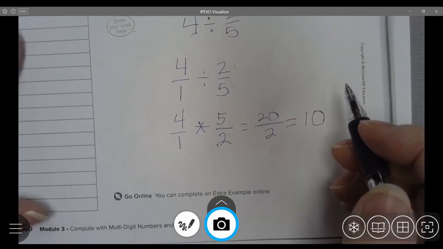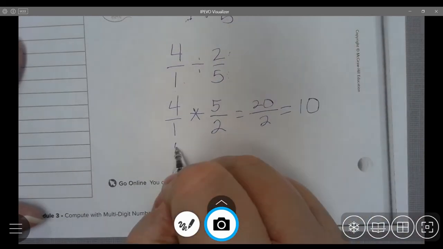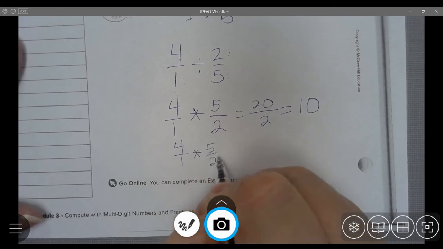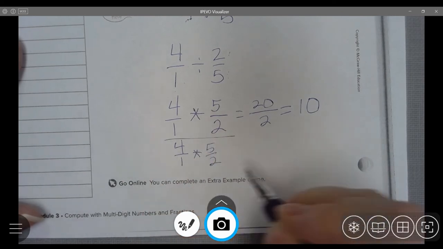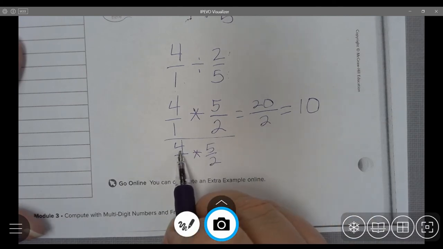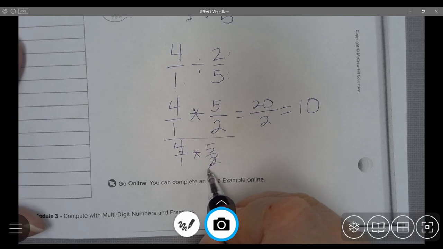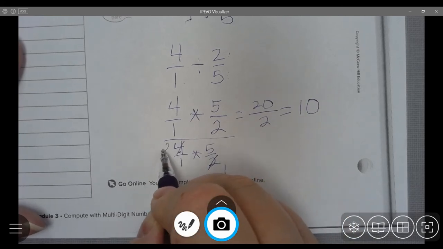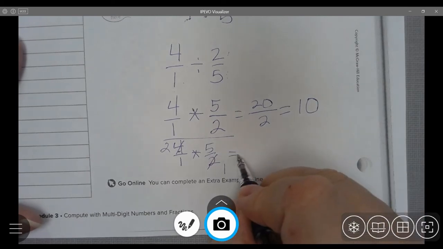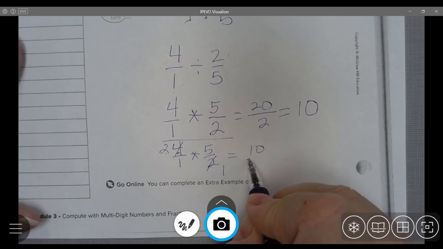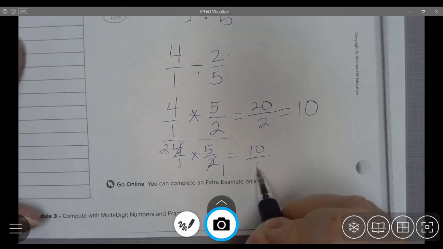Or another way, let me just show you doing it simplified. We have 4 over 1 times 5 over 2. That's the same problem that we had here. And I can use common factors. 4 has 2 as a factor. So I could do 2 divided by 2 is 1. 4 divided by 2 is 2. And if I take a look at that, I have 2 times 5, which is 10. 1 times 1 is 1.